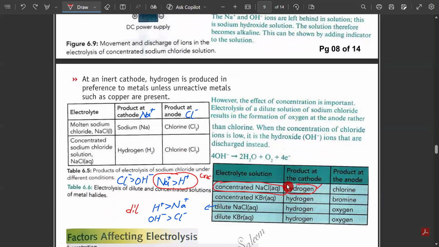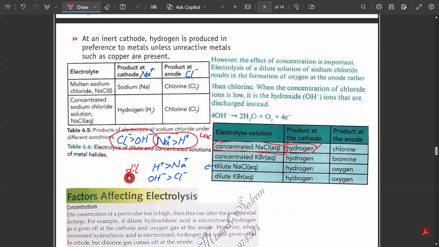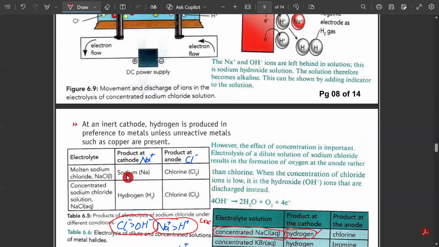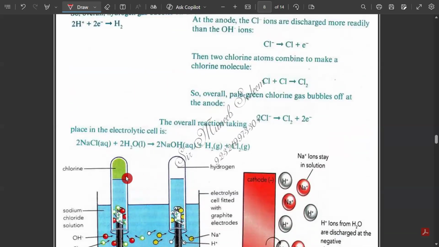On the anode side, there is more chloride ion as compared to the hydroxide ion. And according to their reactivity, chloride or halide ions have more ability to lose electrons.